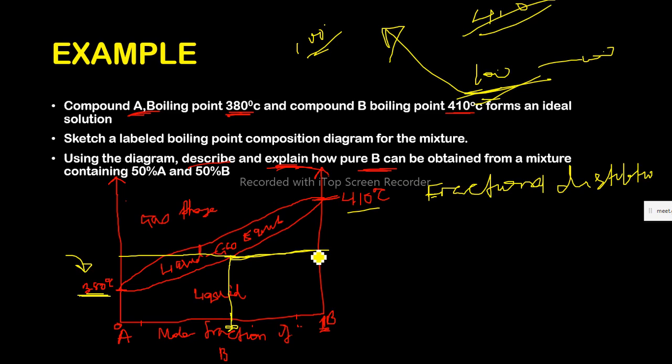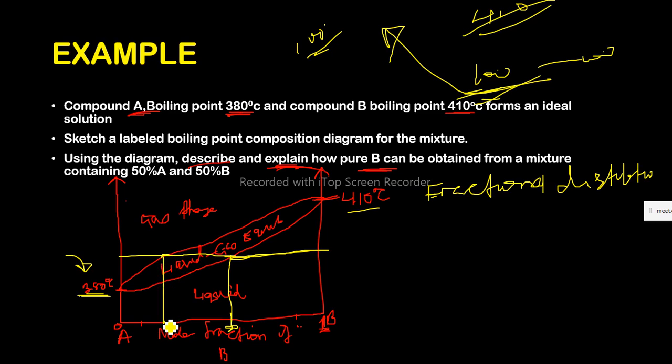Not so? Yes. Now, the vapor pressure above this 50% liquid mixture is going to be equivalent to this. When you try to condense this vapor, you are going to form a liquid mixture that has this percentage.